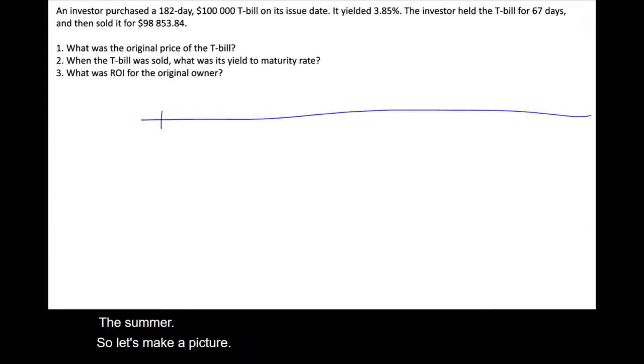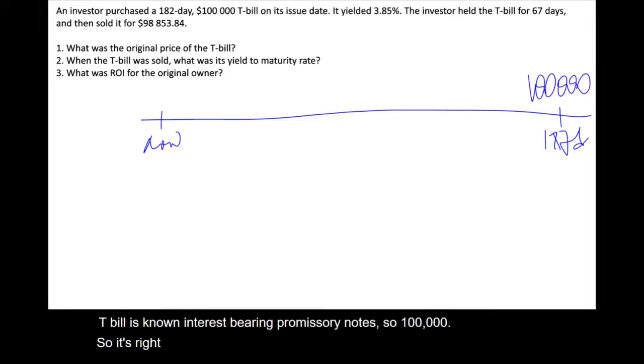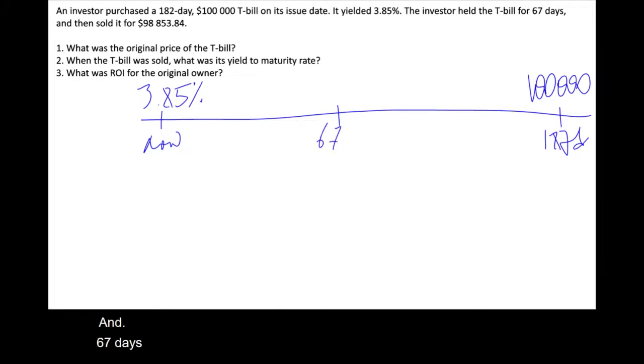It's 182 days. A T-bill is a non-interest-bearing promissory note, so 100,000 sits right there at the end. So 3.85% was here, and 67 days later, the price was 98,853.84.